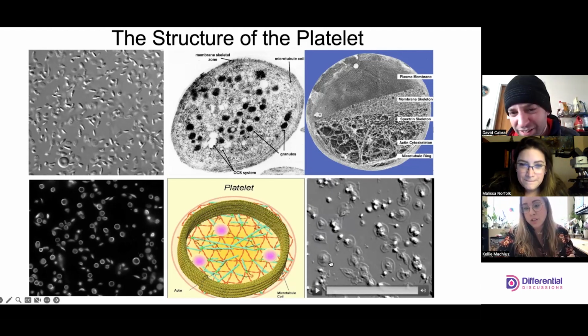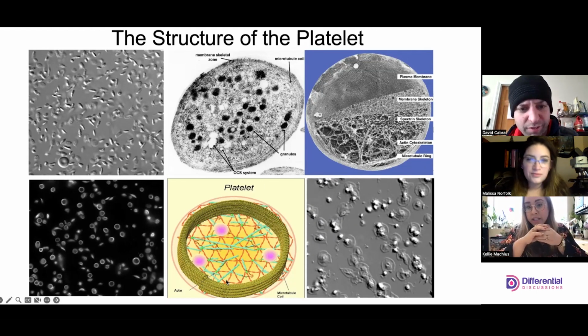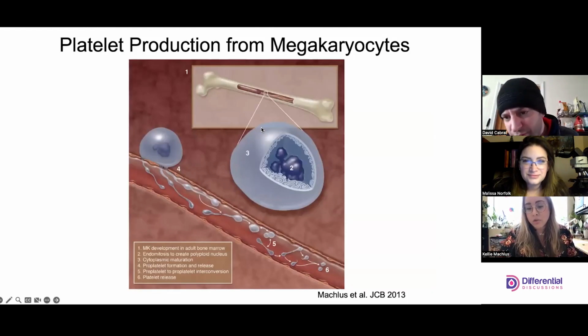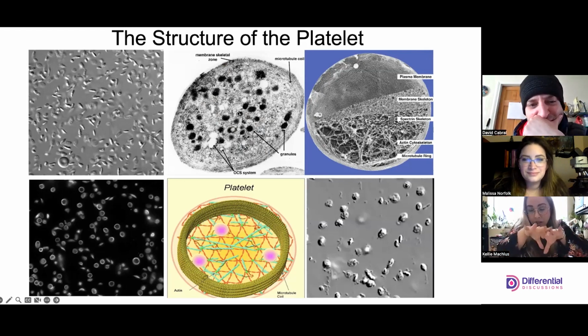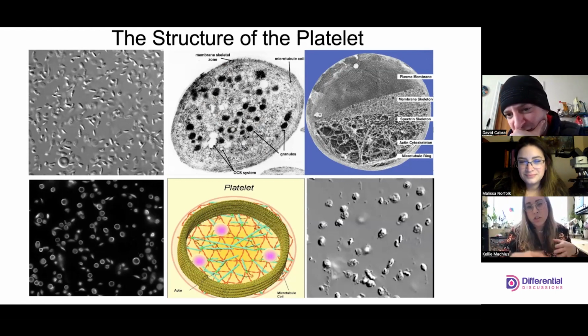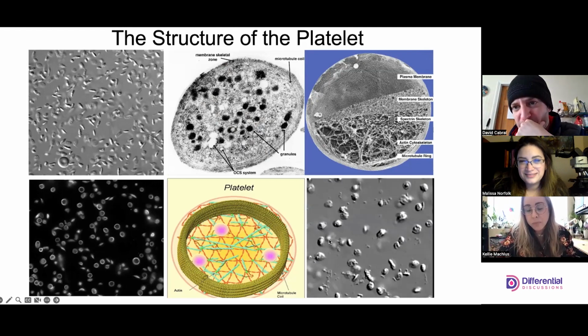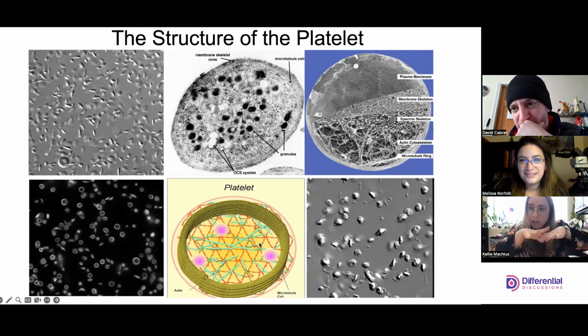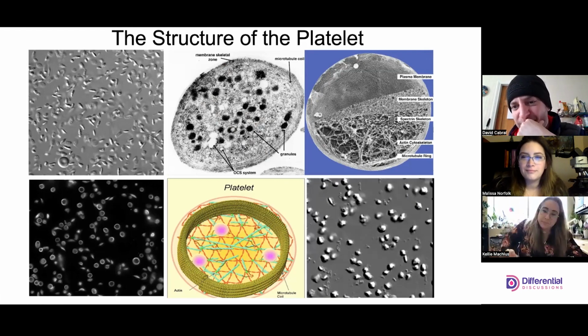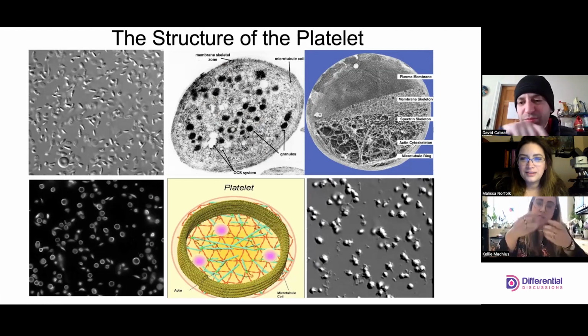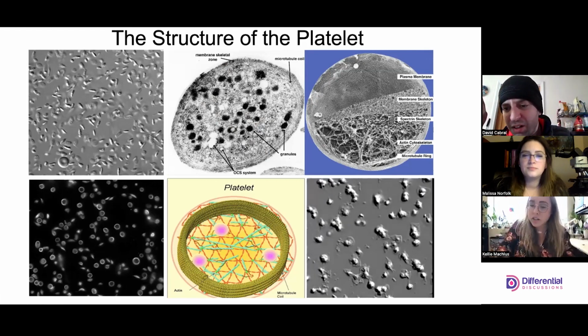What platelets do is that this coil contracts into the middle, and the rest of the platelet, the membrane and actin, spread. There are two cytoskeletal systems, but the microtubules contract and the rest spreads, kind of like a way to cover more ground.